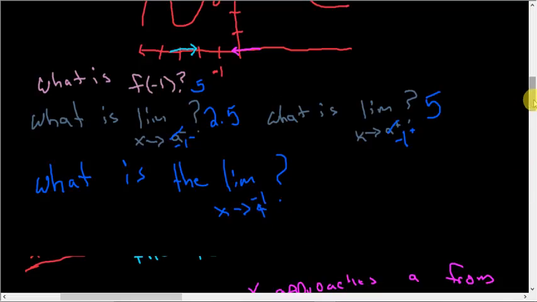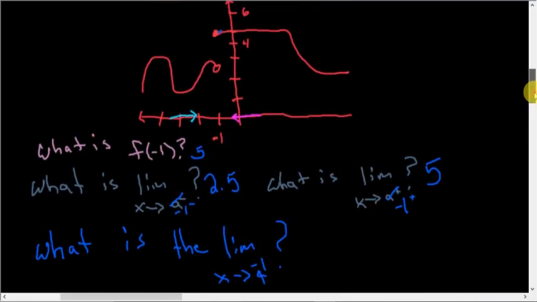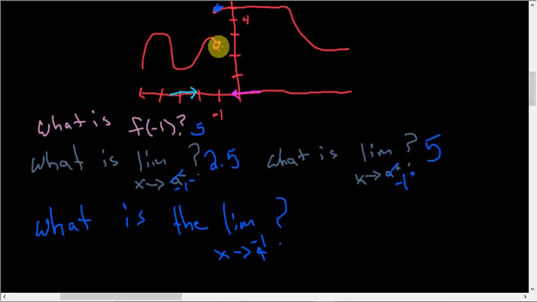Sorry about that. So as x approaches -1 from the left, we get 2.5. From the right we get 5, because it's bubbled in.